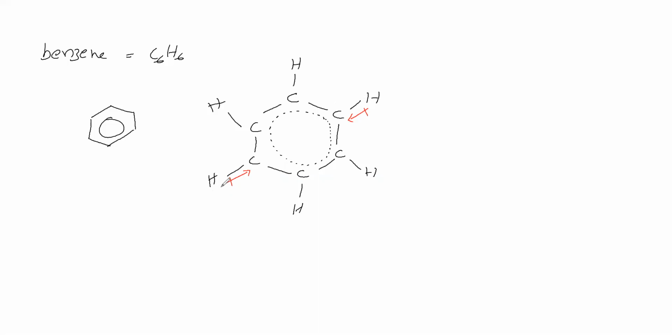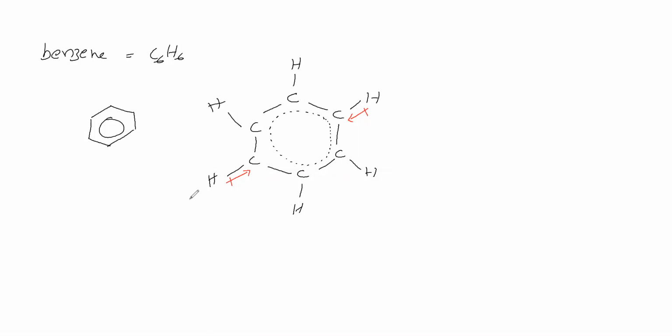So what is the resultant dipole moment for this? Resultant dipole moment for these two bonds is 0 because it is 180 degree. Like this is 180 degree. For these two bonds, resultant dipole moment is 0.